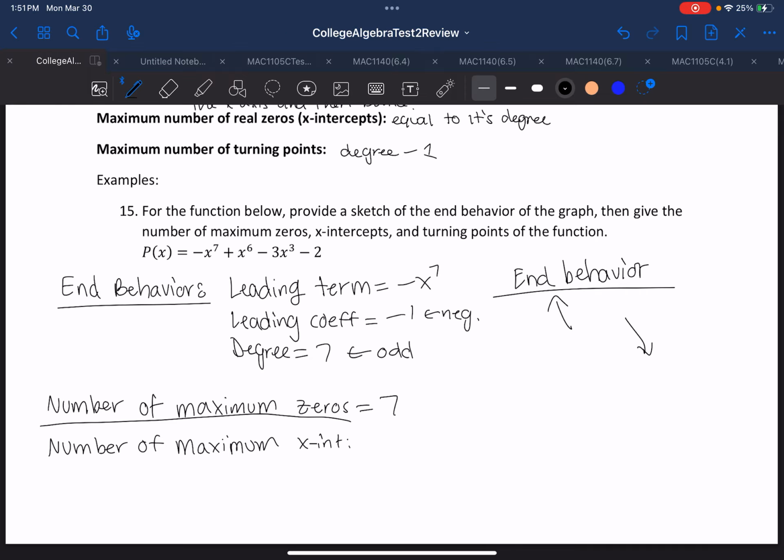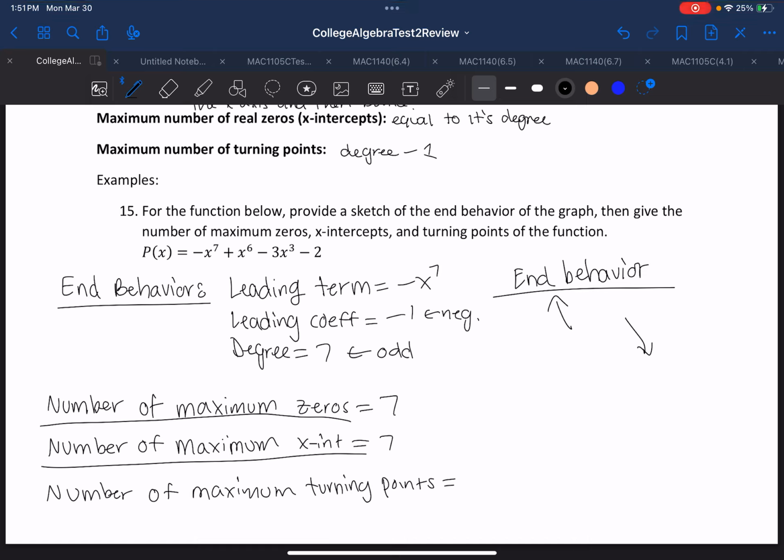So this is also equal to 7. Zeros and x-intercepts are the same thing. And then maximum number of turning points would be 7 minus 1. Which is 6.